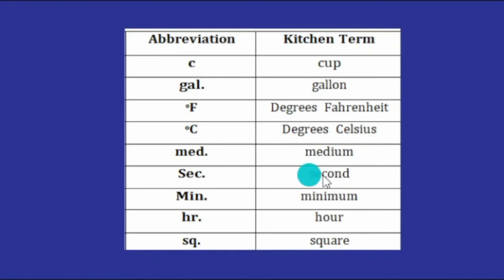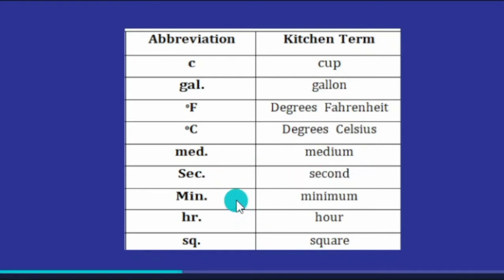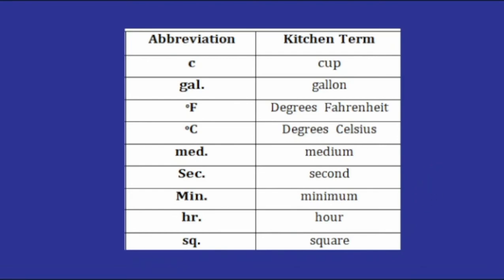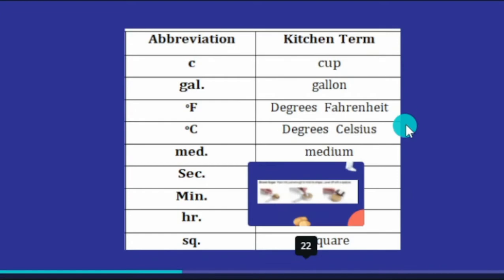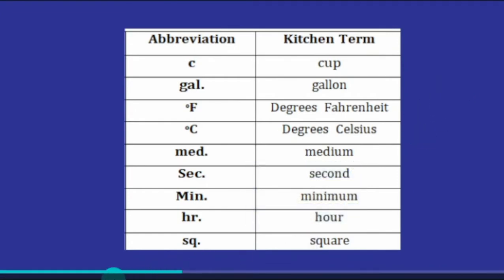SEC or sec stands for second. MIN or min stands for minimum. HR stands for hour. And SQ stands for square. These are some of the abbreviations and kitchen terms that we often hear or read in recipes when we are preparing foods.